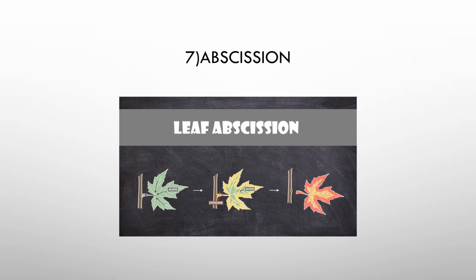Another important adaptation is abscission. Abscission means leaf loss, or you can say that the leaf will turn first from its green condition to yellow, and then from yellow into a brownish or reddish condition. And you have already seen that these brown leaves fall mostly in winter.